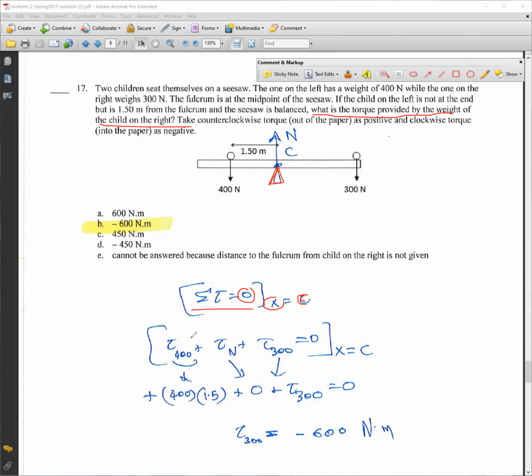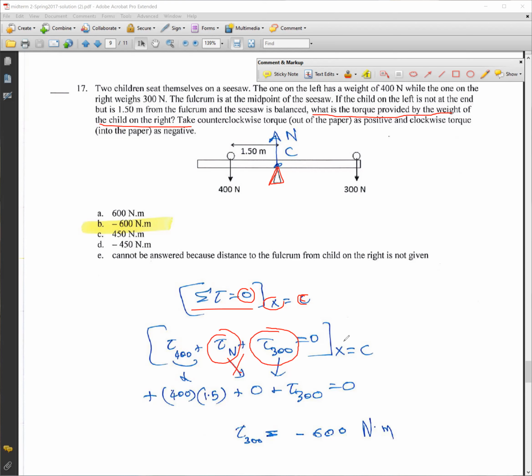Now the torque due to the child sitting on the left, the 400 newton, and then the torque due to the normal on the fulcrum here is 0, so that does not apply any torque. Plus the torque due to the 300 newton child on the right.